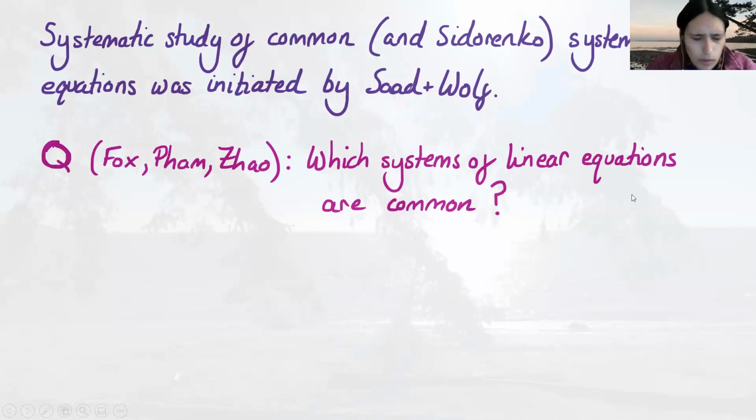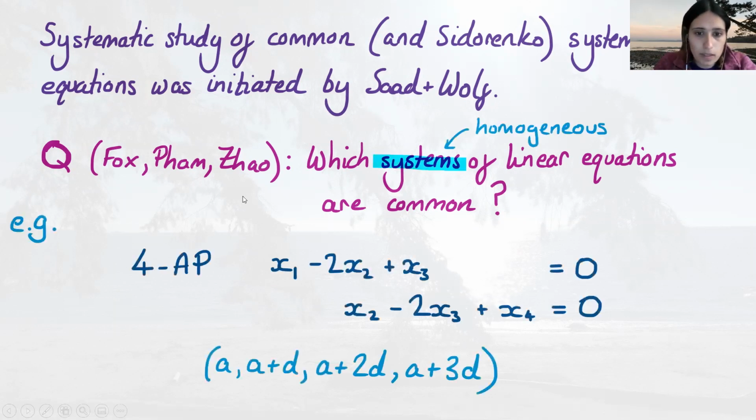But one thing that these sets of authors also addressed in their papers was, what about not just single equations, but systems of equations? I guess this was initiated by Saad and Wolf, and Fox, Pham, and Zhao also asked the question, what can you say about systems of linear equations? Which systems of linear equations are common? So what's the setup here?